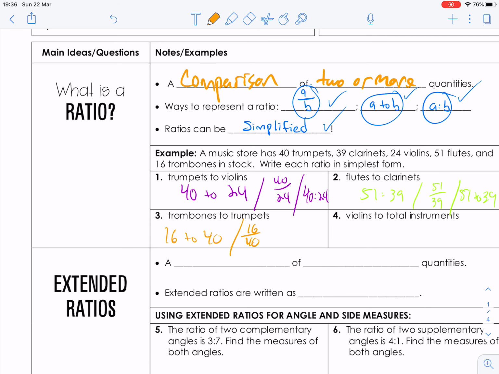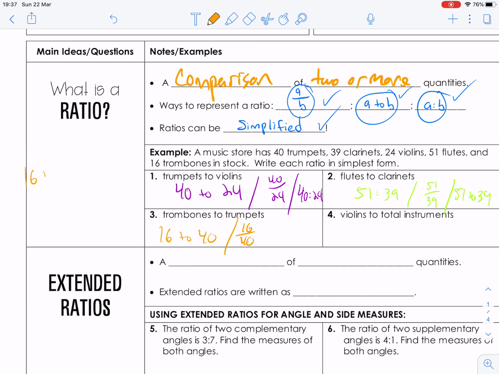So for example, I have 16 trombones for every 40 trumpets. That means every time I have 16 trombones, I'm going to have 40 trumpets.